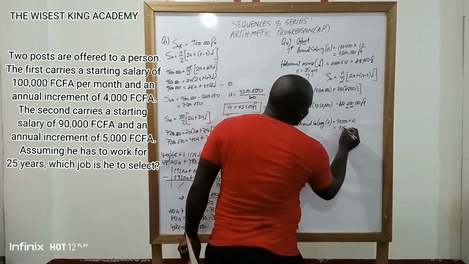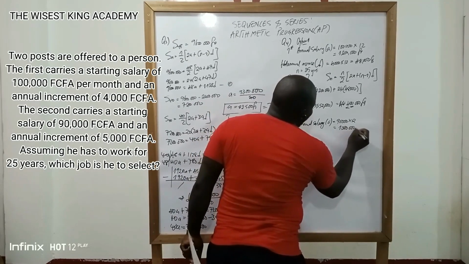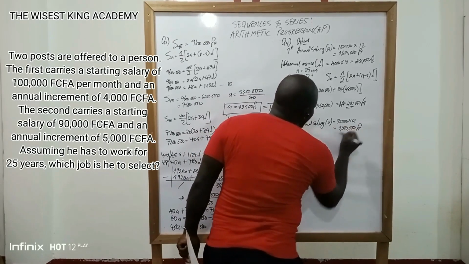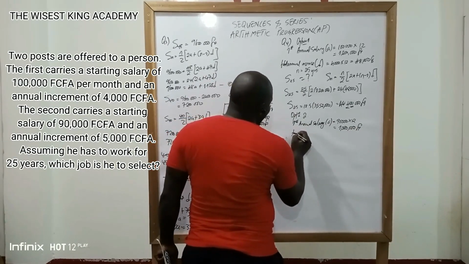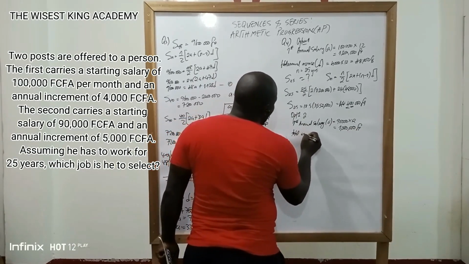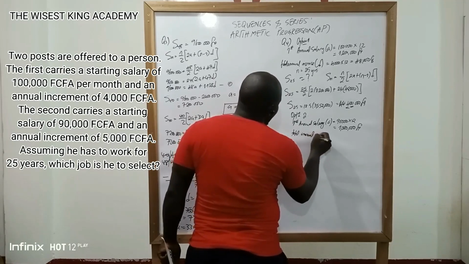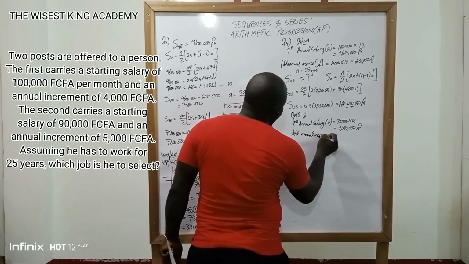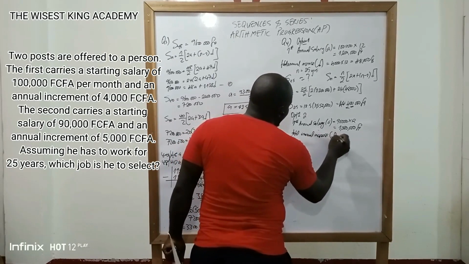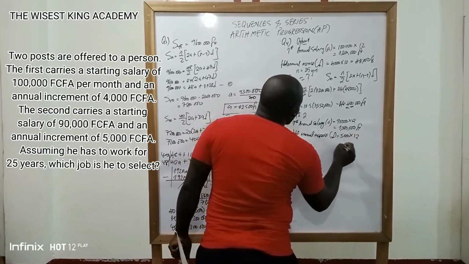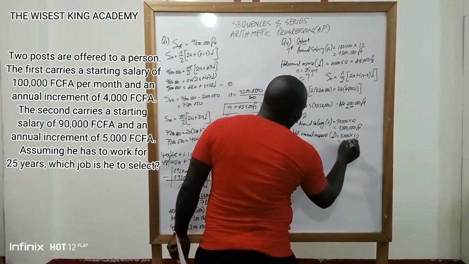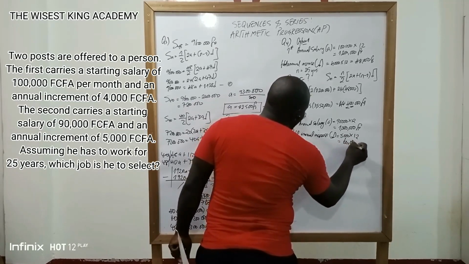So this will be 1,080,000 francs. This is going to be his first annual salary. The common difference, that's the total annual increase. We are going to have 5,000 times 12, which will obviously be 60,000 francs.